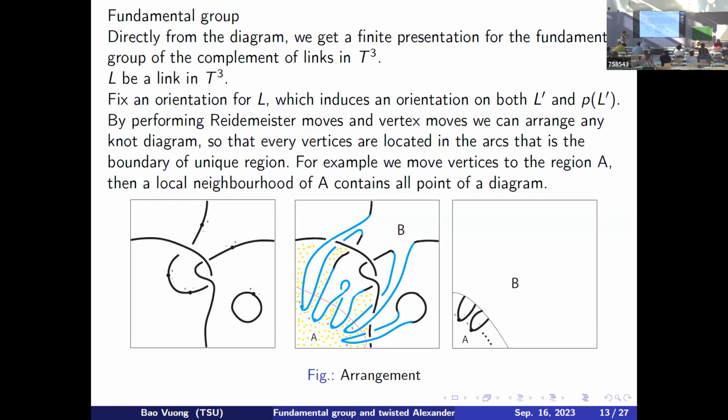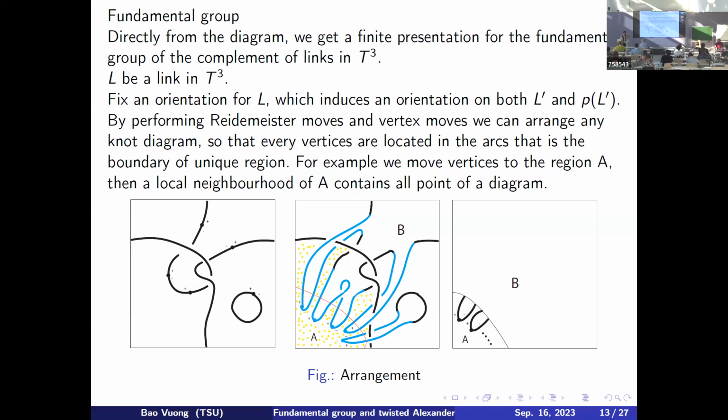And as usual, we come up with the fundamental group of the complement of links in three-dimensional space, and in this case the three-dimensional torus, and how to get a presentation of the fundamental group when we have a diagram of a knot or link in the three-dimensional torus.